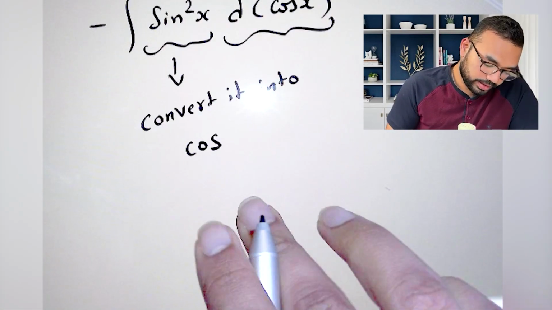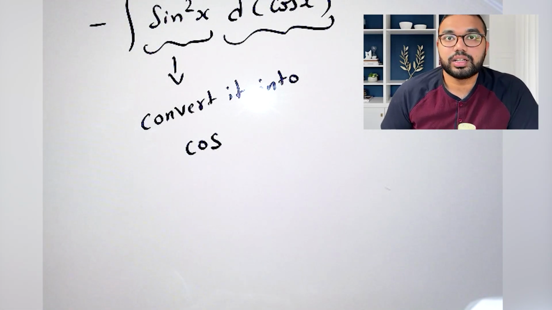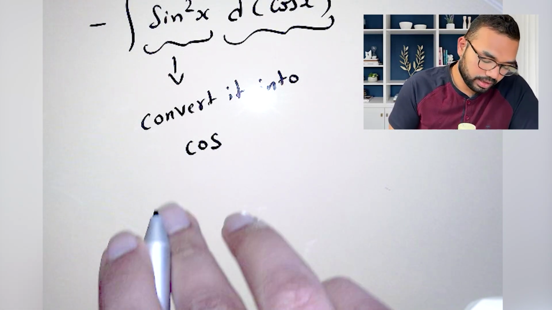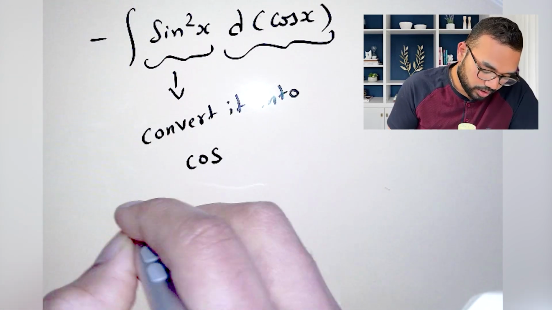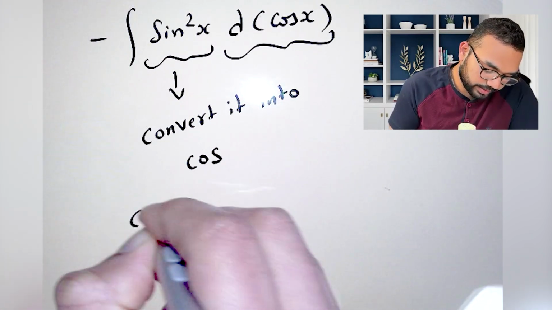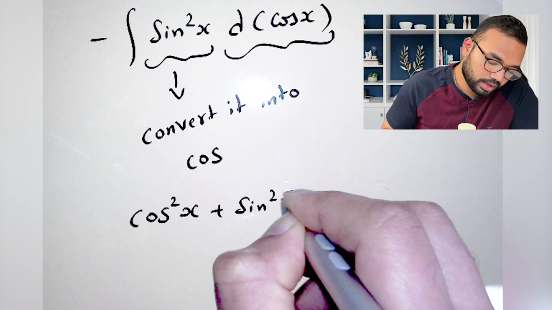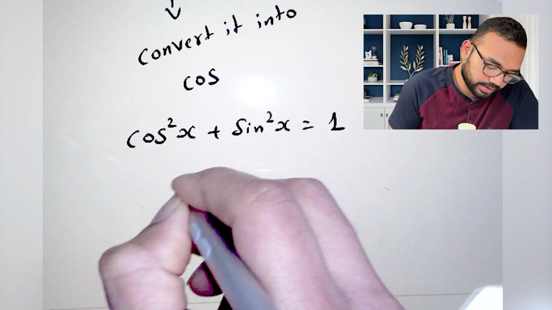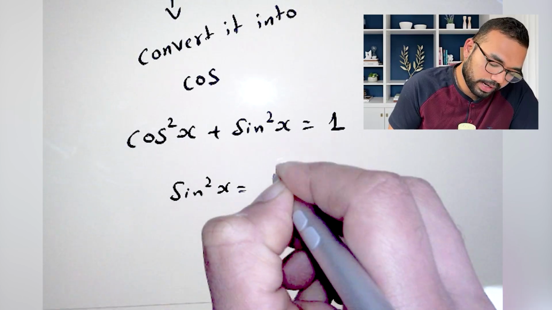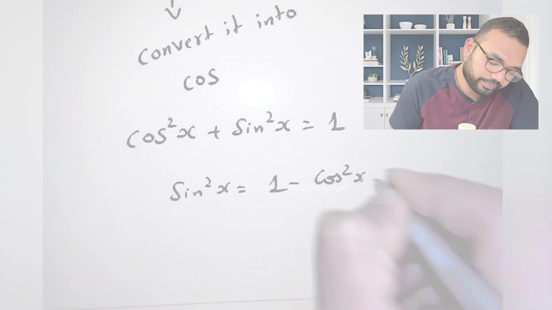I will use the trigonometric identity cos square x plus sine square x is equal to 1, right? So sine square x is 1 minus cos square x.